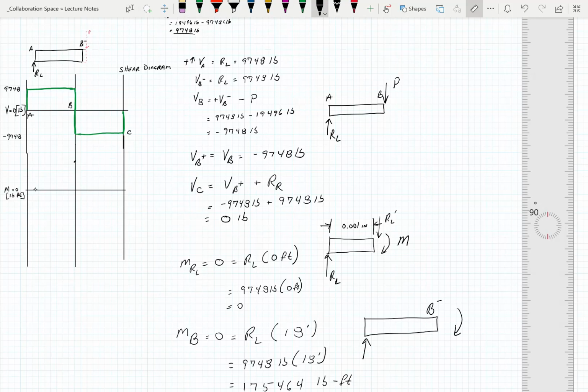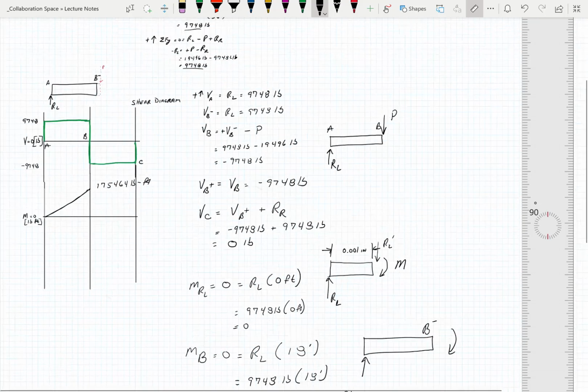So this is how this is going to work. Going up here, I'm going to draw a line like so, and I'm going to label this 17.5464 pound feet. Okay.